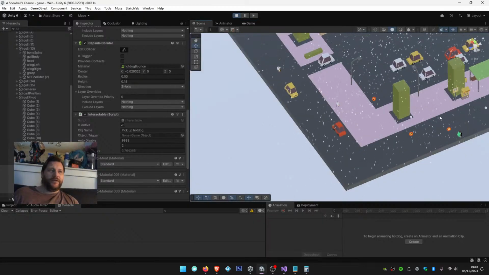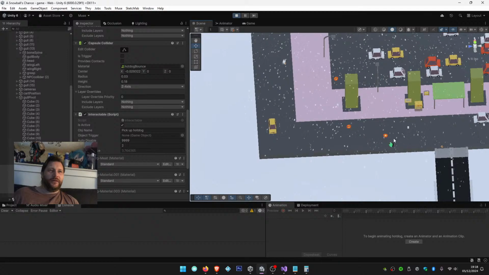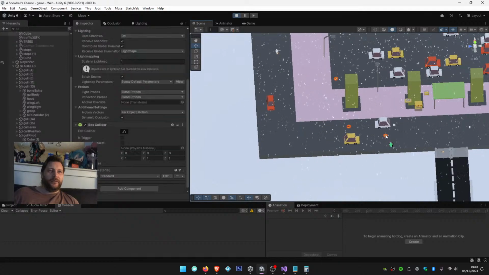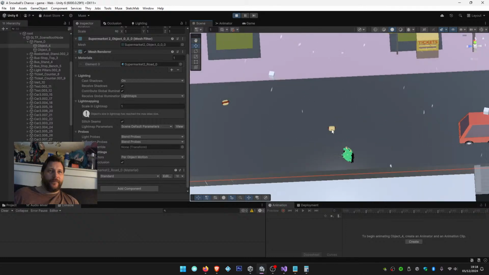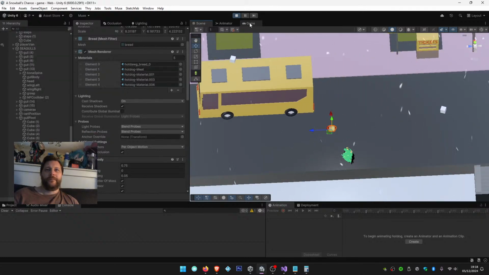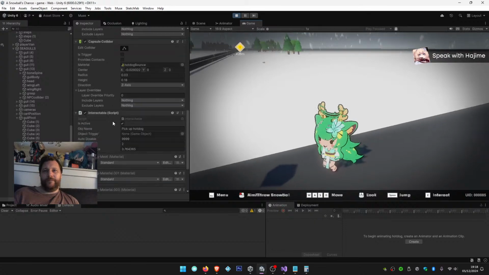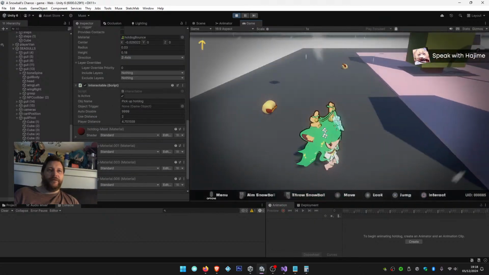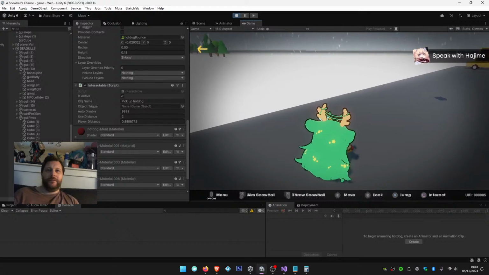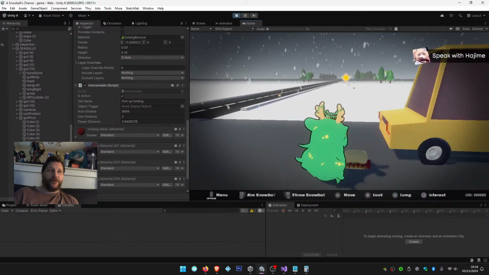Okay, now this is just extra frustrating for me. What's the distance on this hot dog? 3.7, 0.85, so it should be doing it.